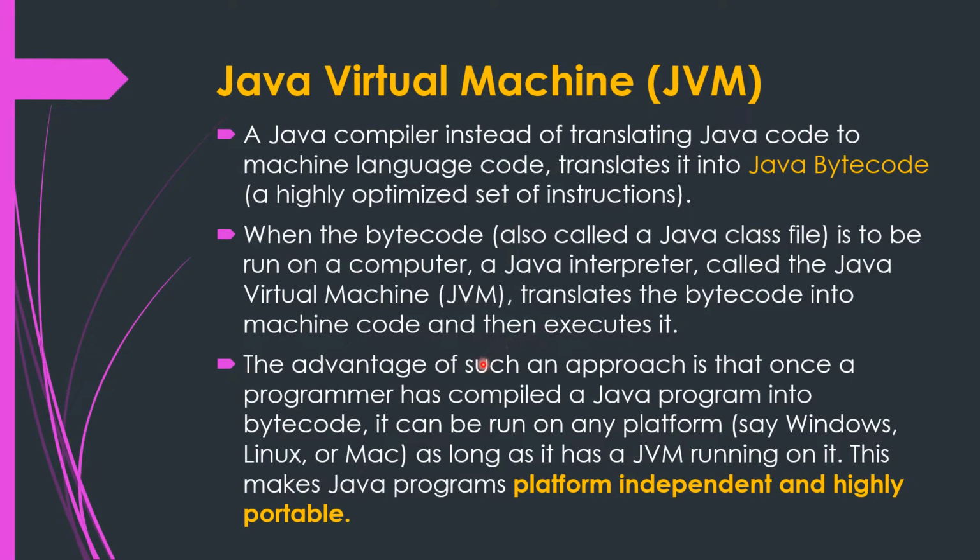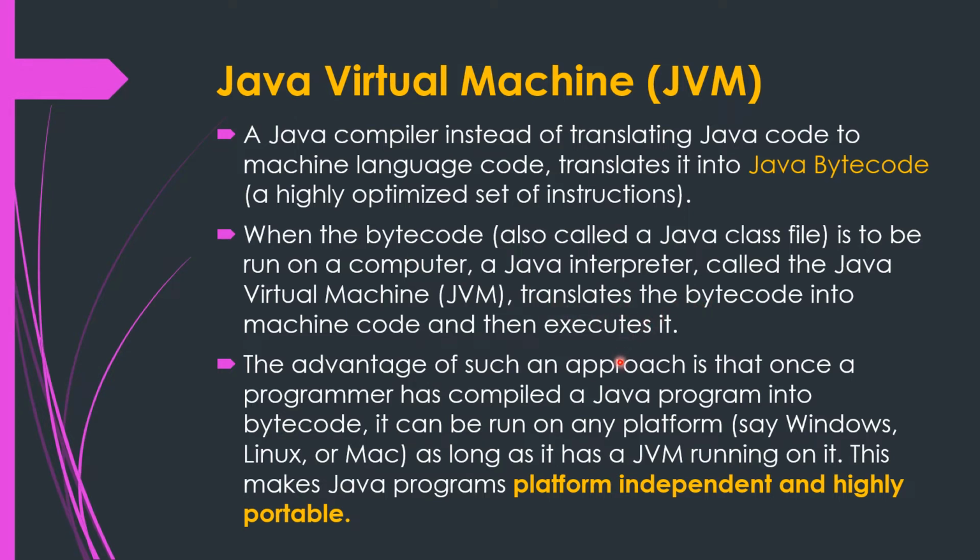Now we have done these three steps. Why? Because it has an advantage. What is the advantage? Once a programmer has compiled a Java program into bytecode, it can be run on any platform as long as it has a JVM running on it. So whenever we have done these steps, we have a JVM and the Java code converted into Java bytecode.